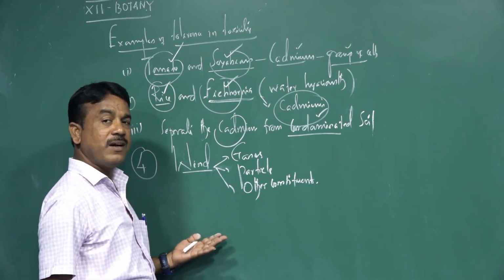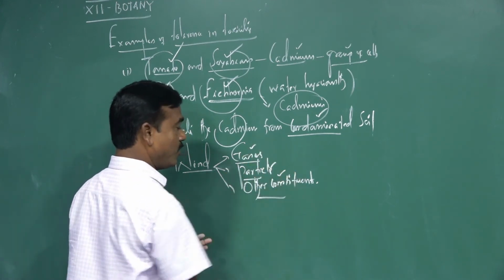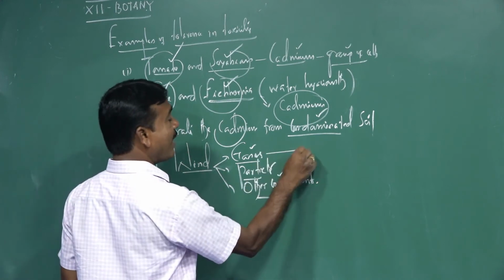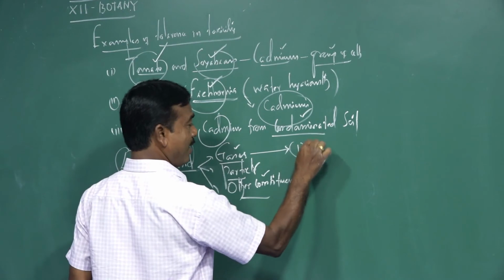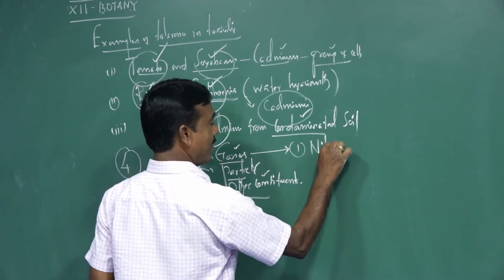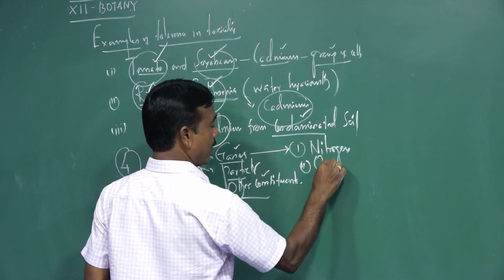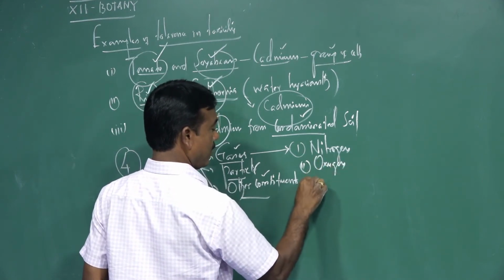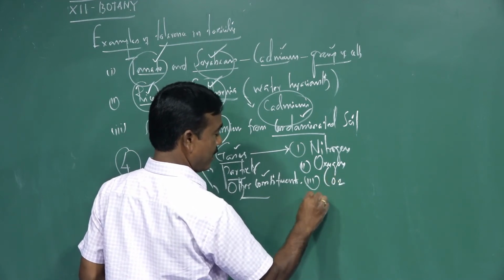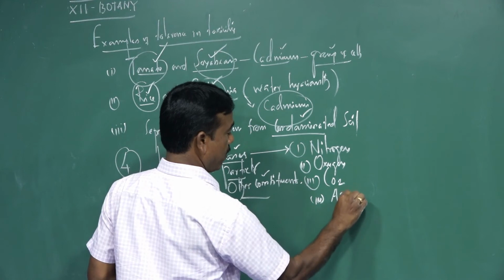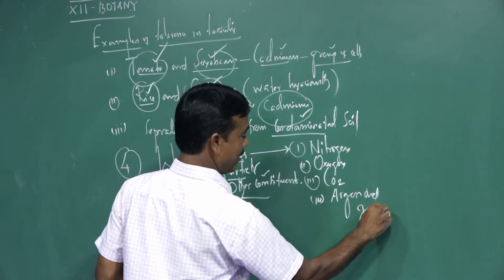The atmospheric air includes a number of gases, particles and other constituents. What are the gases present in the atmosphere? Namely nitrogen, oxygen, carbon dioxide, argon and other gases.